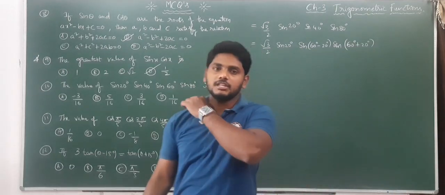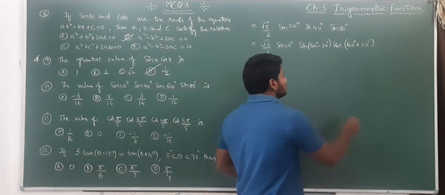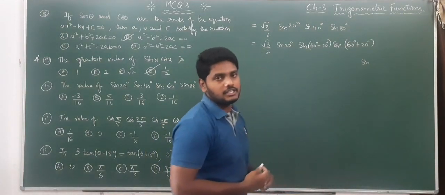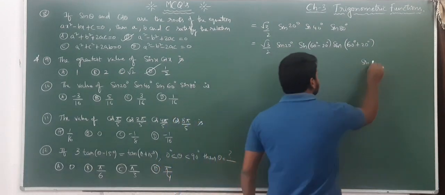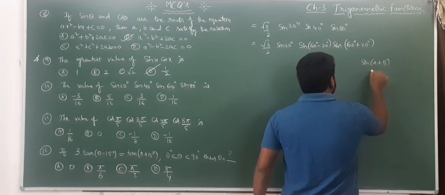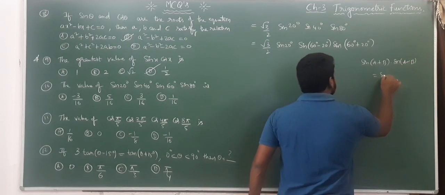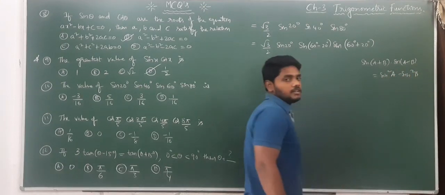Why have I converted like this? Because while doing exercise 3.3 problems, we went through this formula: sin of A plus B into sin of A minus B results in sin square A minus sin square B. Right or not? Sin square A minus sin square B.